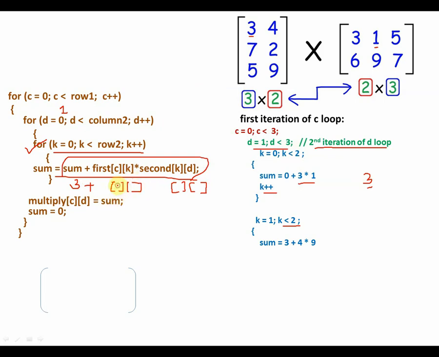What is C? C is still 0. What is K? K is now 1, remember. So K is 1. Next, what is K again? 1. What is D? D is also 1, remember.